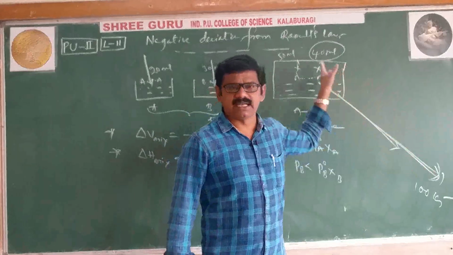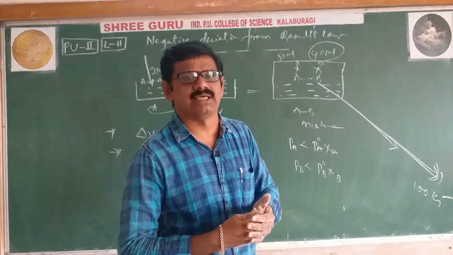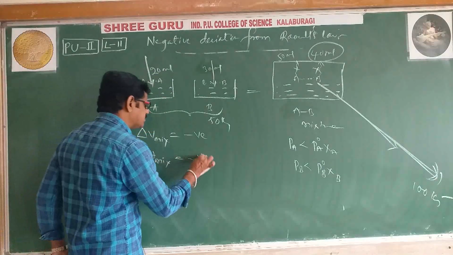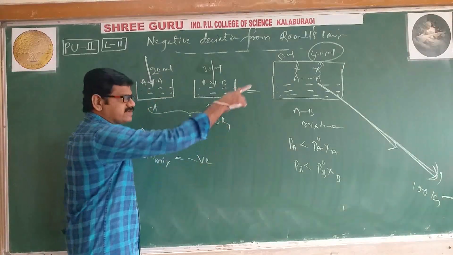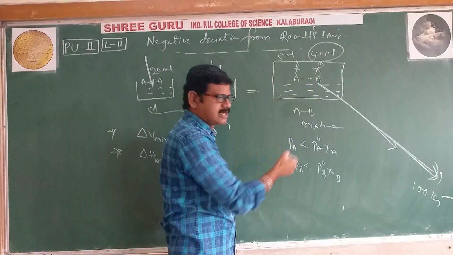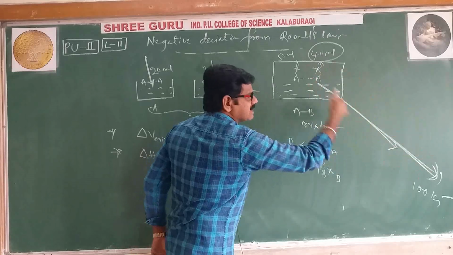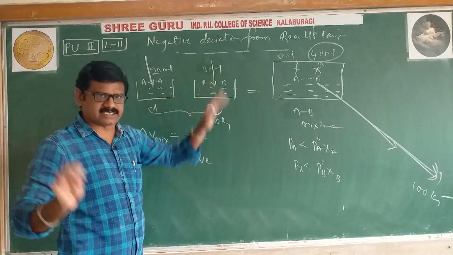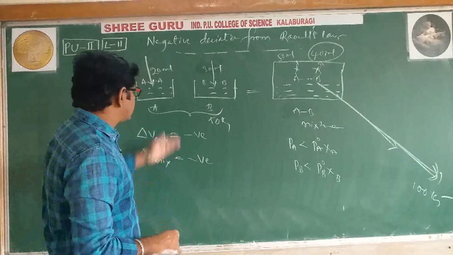Generally the releasing symbol is minus only. That's why we show delta H mixture with a negative sign. Because after formation of the strong bond between A and B, more energy is released compared with required. That's it. These are the characteristics.